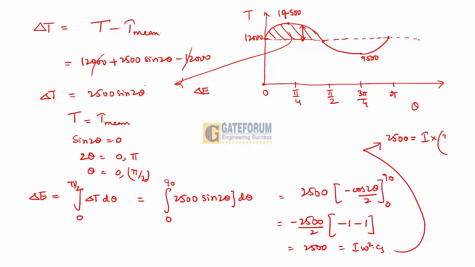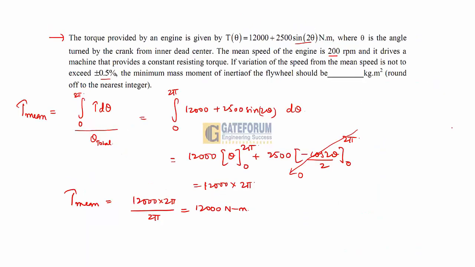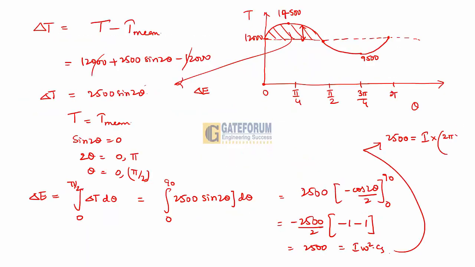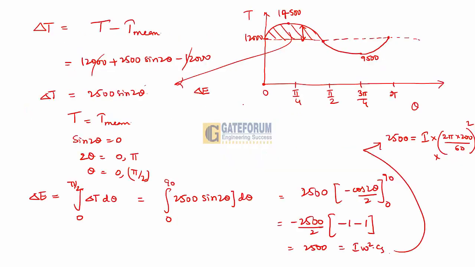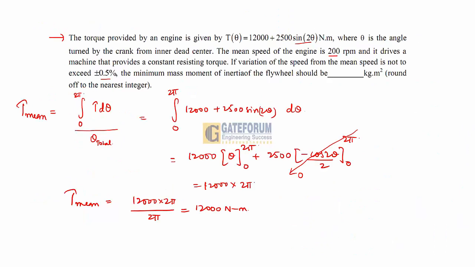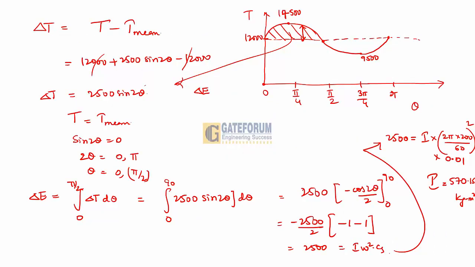So I into 2 pi into omega, here it is given as 200, 2 pi into 200 by 60 whole square, and CS is given as plus or minus 0.5%, which is 1% total fluctuation, so 0.01. Upon solving this we'll get I equal to 570.15 kg meter square. So this is the end of the question.